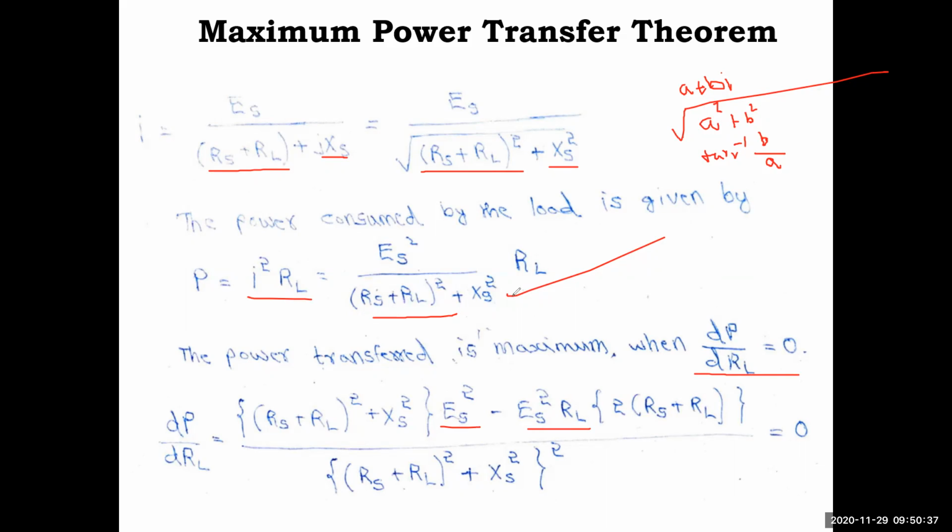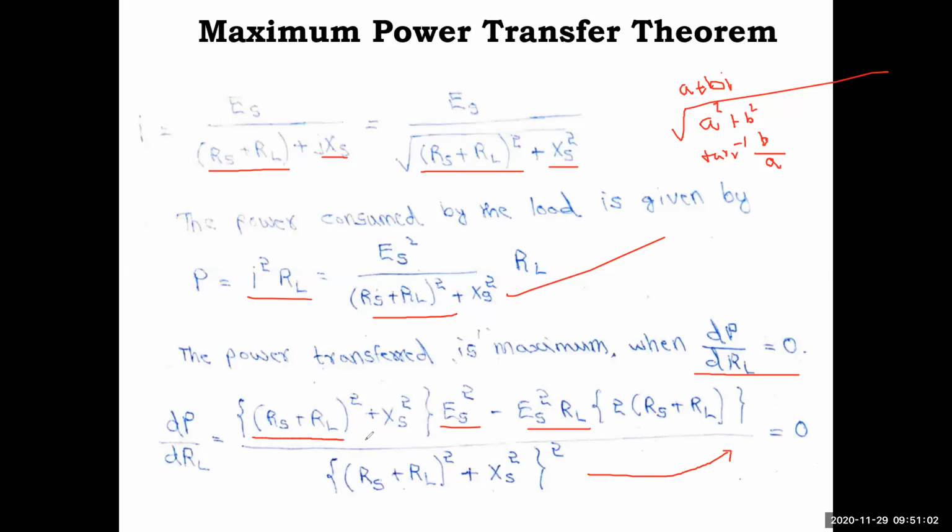XS is not related to RL, so it acts as a constant and it will be 0. Here you have the square, so if you cross multiply you will get 0, and ES also, if you take it outside and write below and cross multiply, ES will cancel out. So the remaining part only we will write.